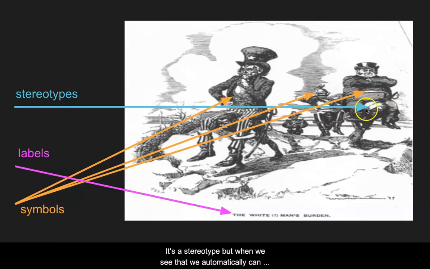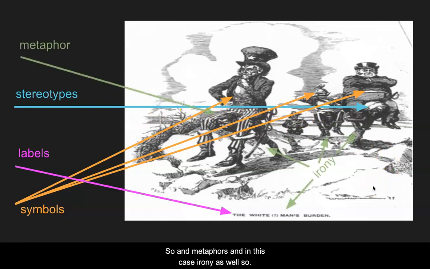It's a stereotype. But when we see that, we automatically can associate, okay, this guy is from India. And that's why cartoonists use them, just to help you quickly, so the cartoonist doesn't have to put a label here that says, this guy is from India. And then metaphors, and in this case, irony as well.